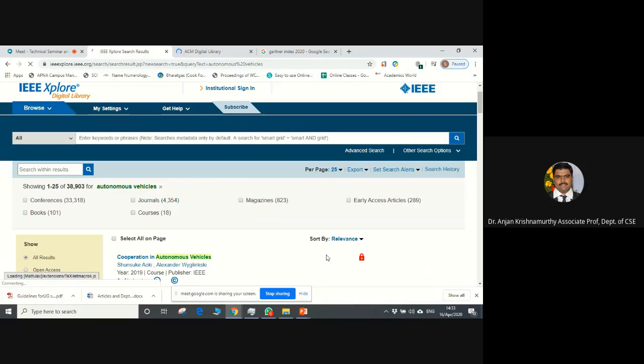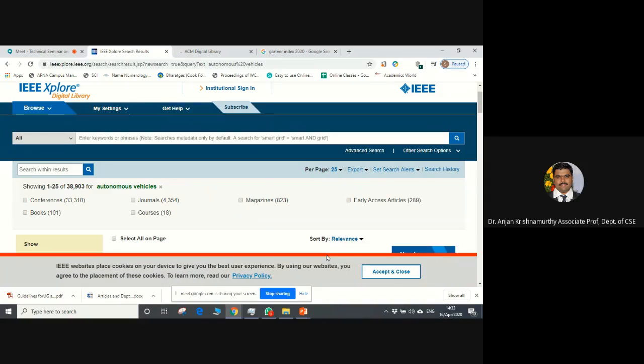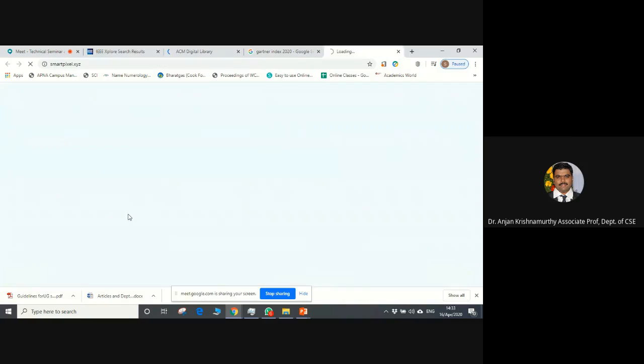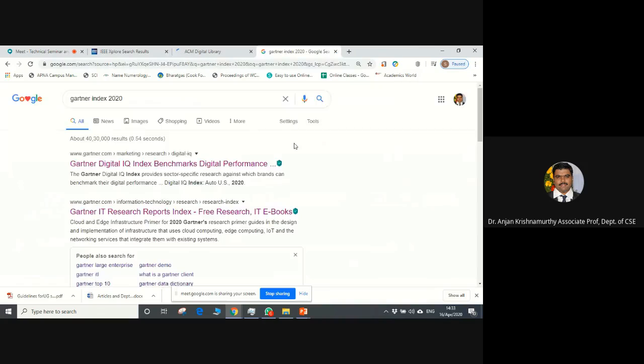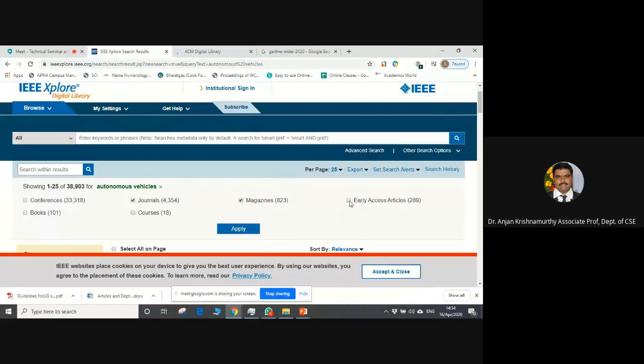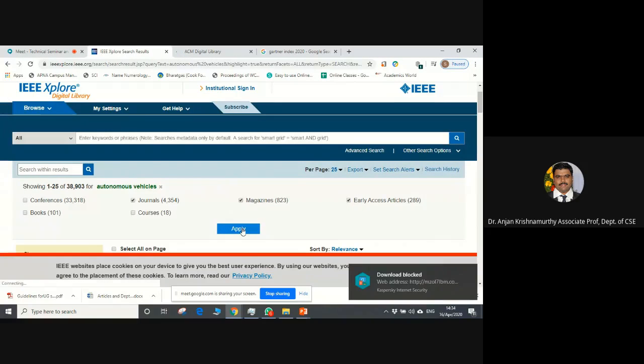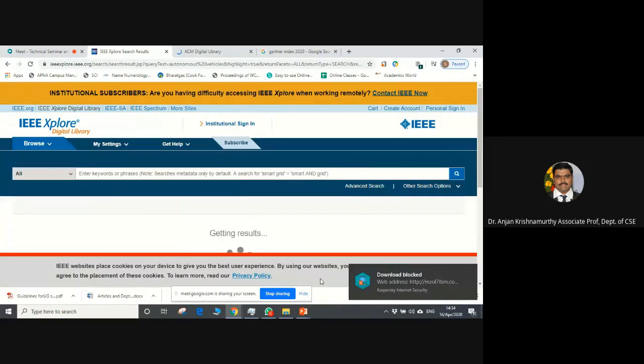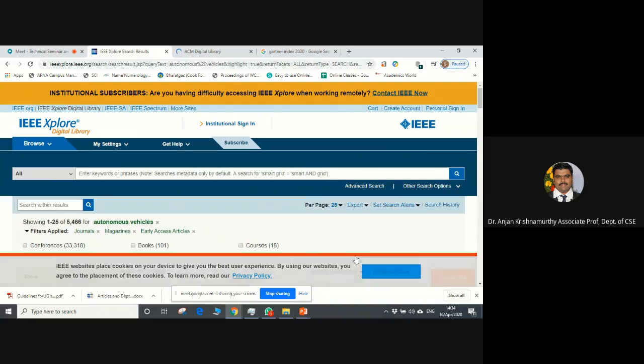It is still searching for results. Now when you get this, you get this particular panel first. Here you have to restrict to journals, magazines, and early access articles, and then apply.